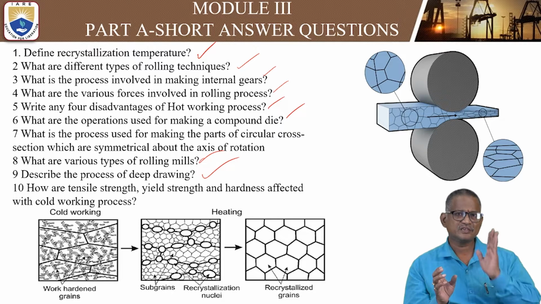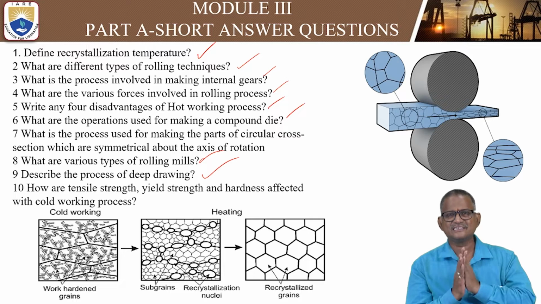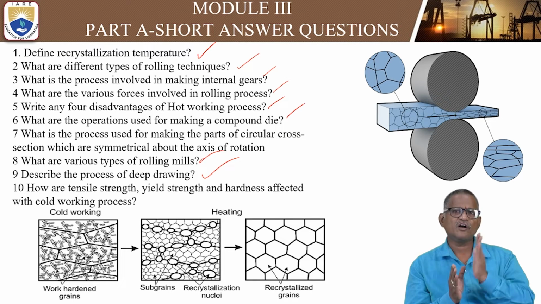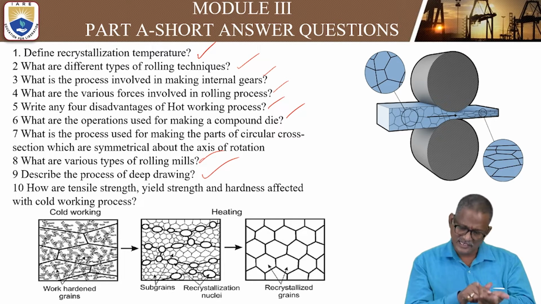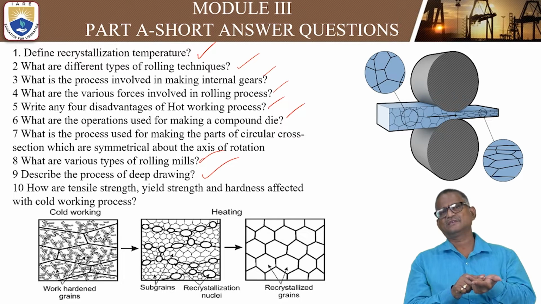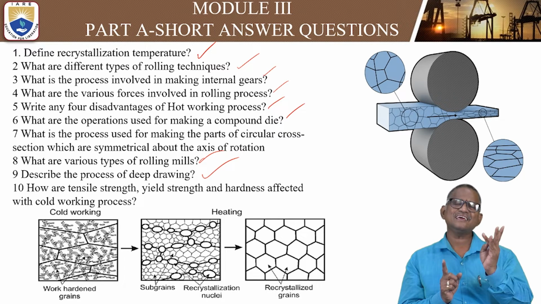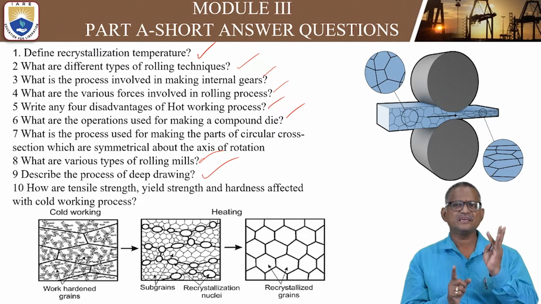But coming to the major four disadvantages, in a hot working process we have to heat and then press. These two processes make the cost of the process high.